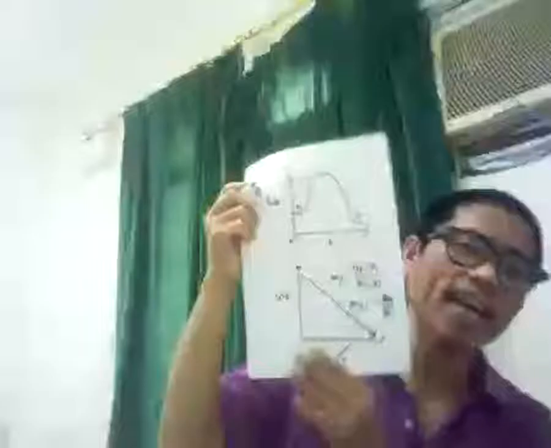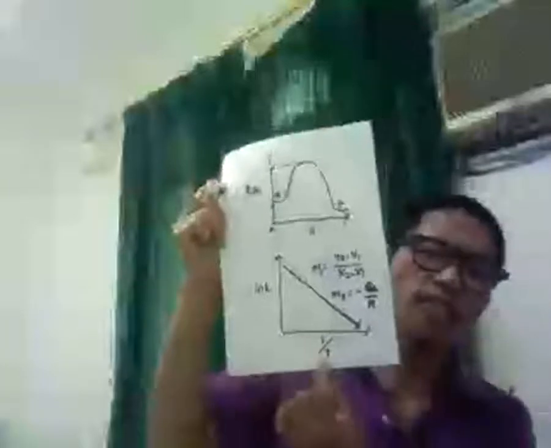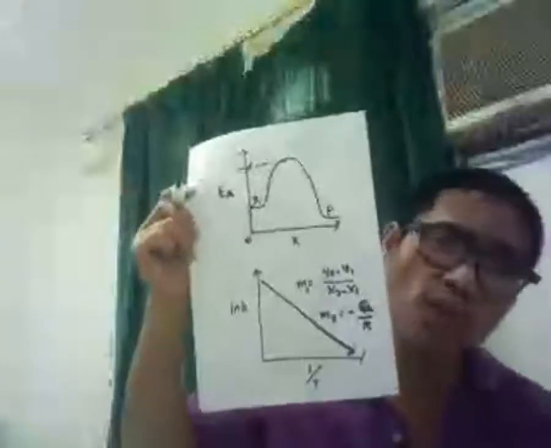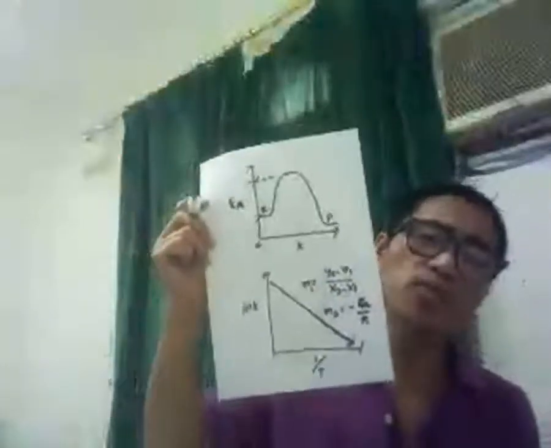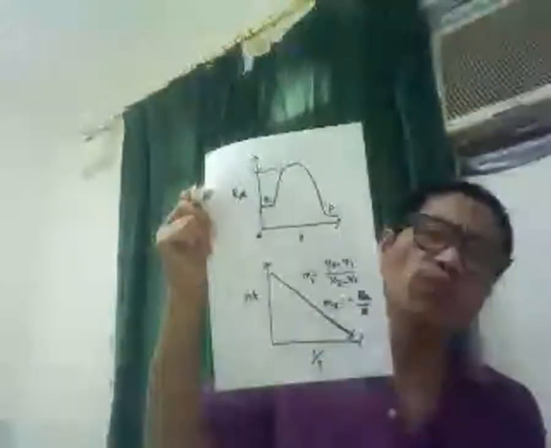Like this, I assume it to be that because ln k is our y-axis. Over x2 minus x1. Remember, our x-axis is 1 over T. Since we have 2 points to consider, 1 and 2, we have also 1 over T2 and 1 over T1.